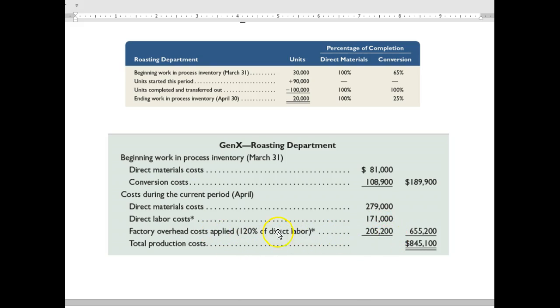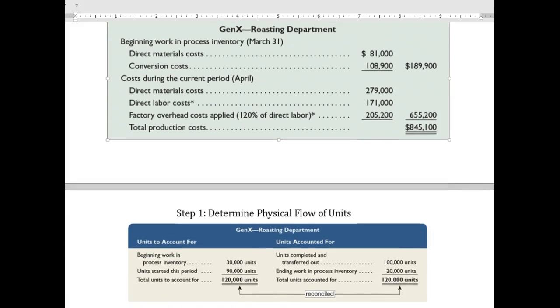This was applied. This is not actual. So we've added a total of $655,000 to it. So our total production cost on all of those items right now is $845,100. You're going to keep units separate from costs at this point. But remember these numbers because you're going to use them. We'll have to come back up and grab them.